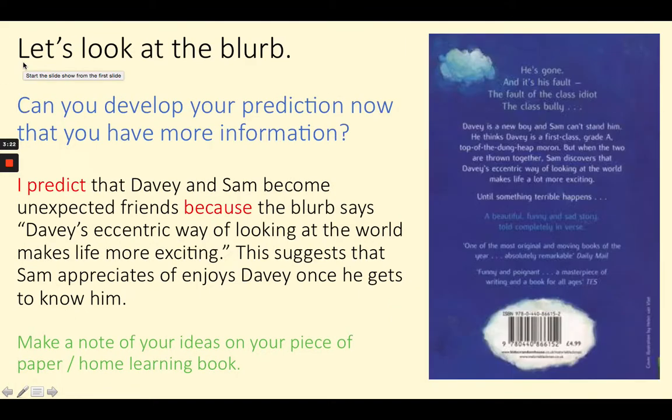Great job. Now, let's look at the back of the book and let's read the blurb. "He's gone, and it's his fault. The fault of the class idiot, the class bully. Davy is a new boy, and Sam can't stand him.